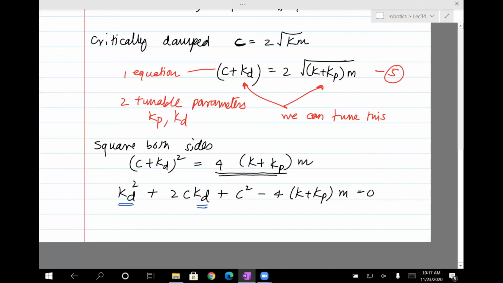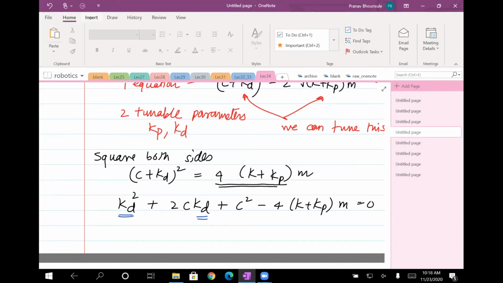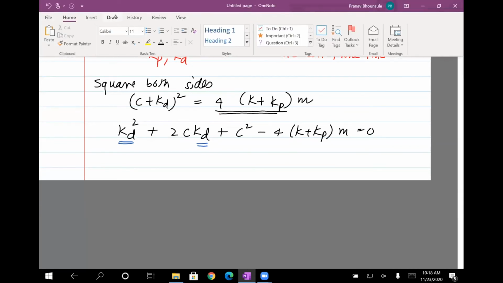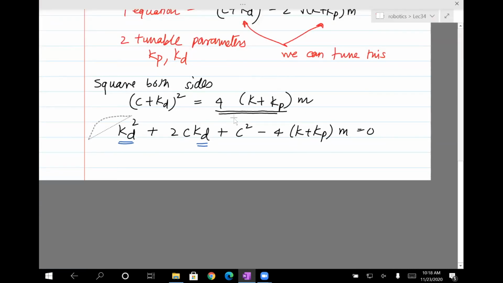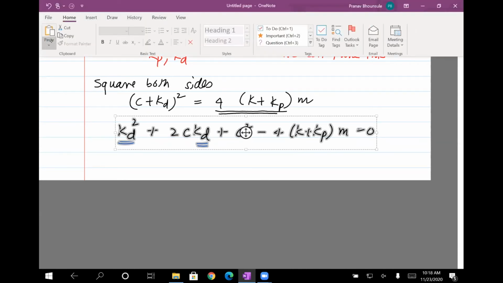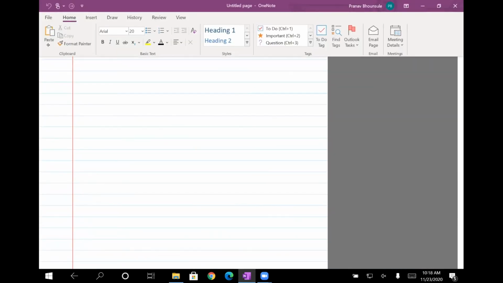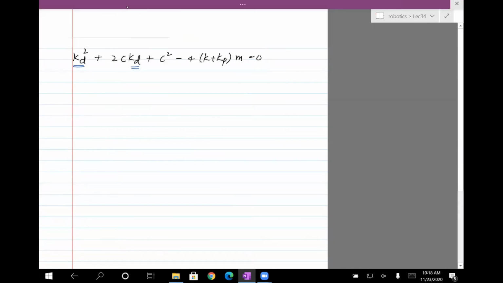The solution to that quadratic equation is, if you remember, let me just put it down for reference.